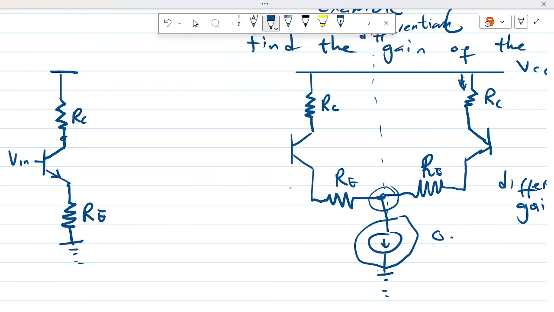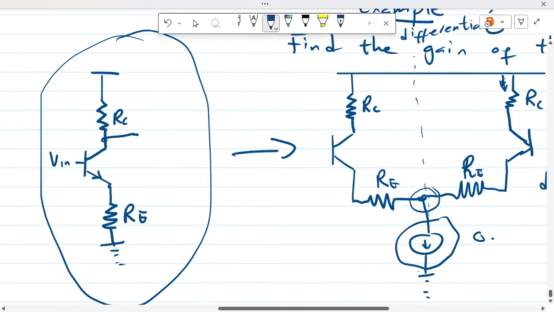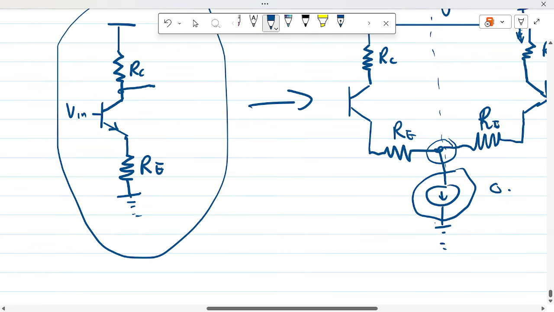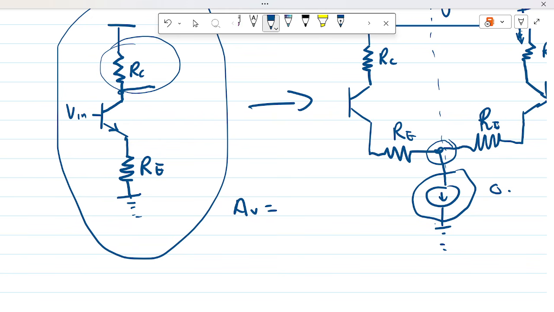So the gain of this half circuit should be equal to the gain of the differential circuit here. And from our basic electronics, we should know the gain of a common emitter stage with degeneration. So that is just equal to whatever is tied between the collector and the ground. In this case, you have only RC.